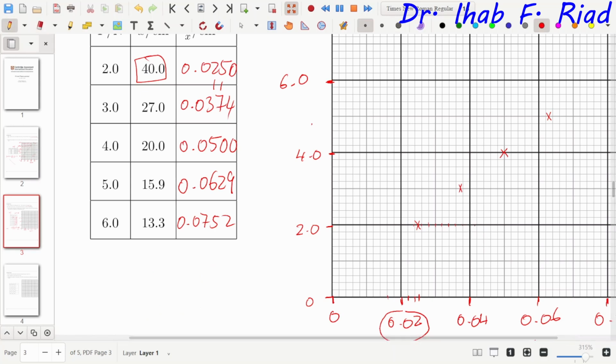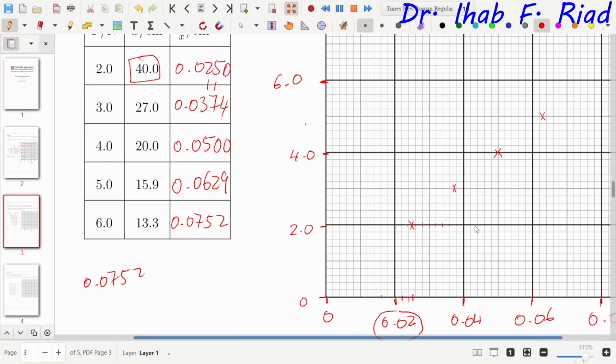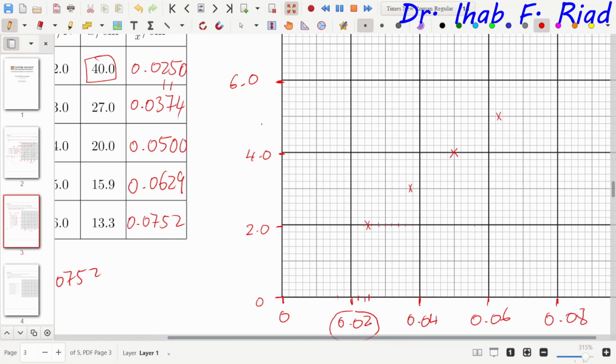What about this point? 0.0752. So it is between those two. Okay.